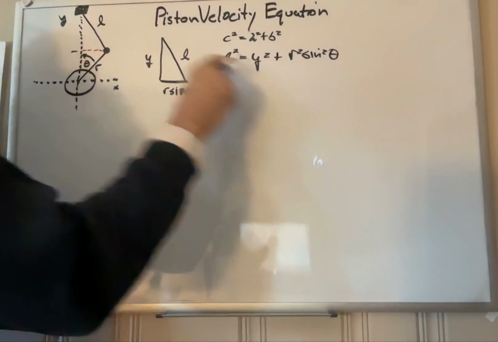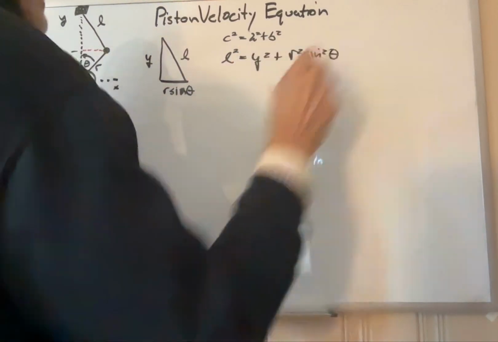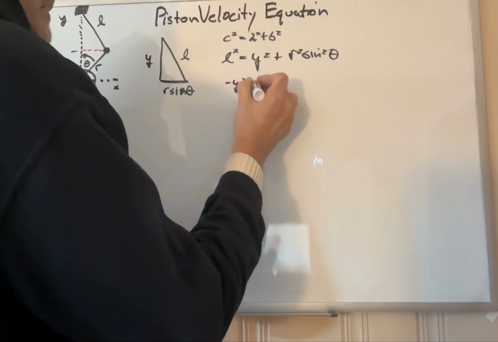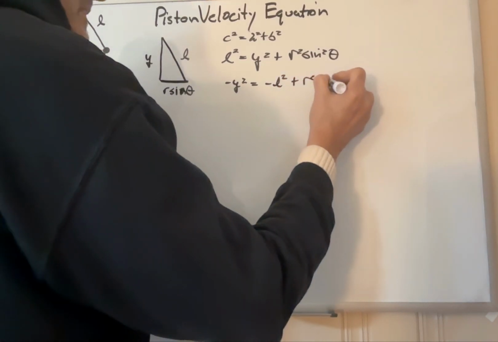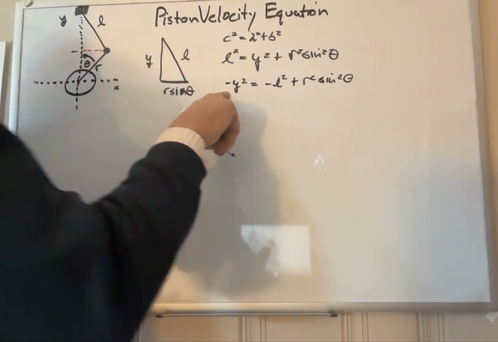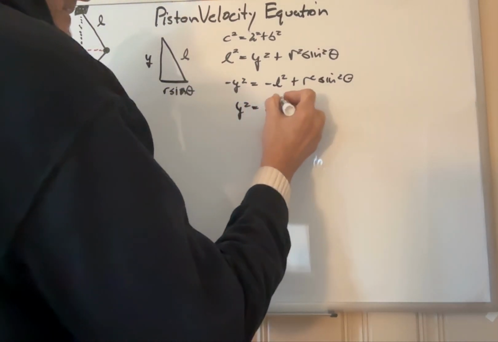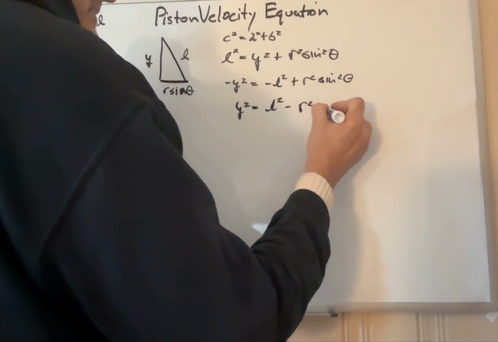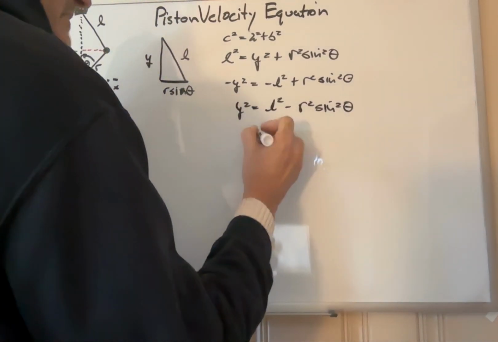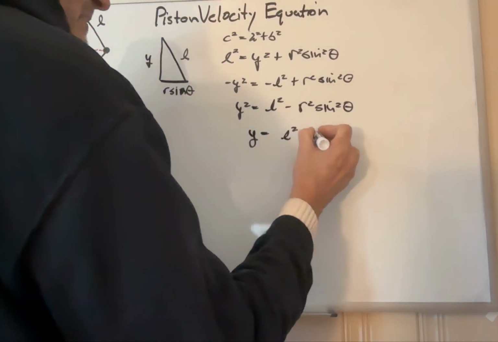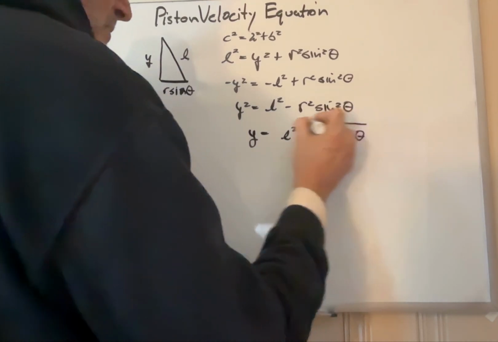Well, we want this in terms of Y because we're trying to find Y, so we're going to subtract R squared sine squared theta from both sides and we get Y squared is equal to L squared minus R squared sine squared theta. Well, we want to get rid of the square, so Y is going to be equal to the square root of L squared minus R squared sine squared theta.